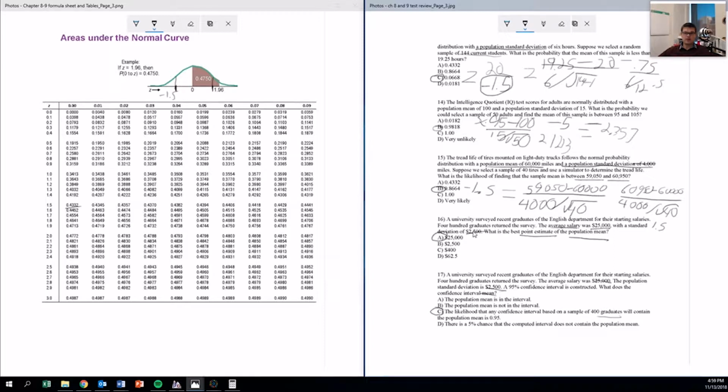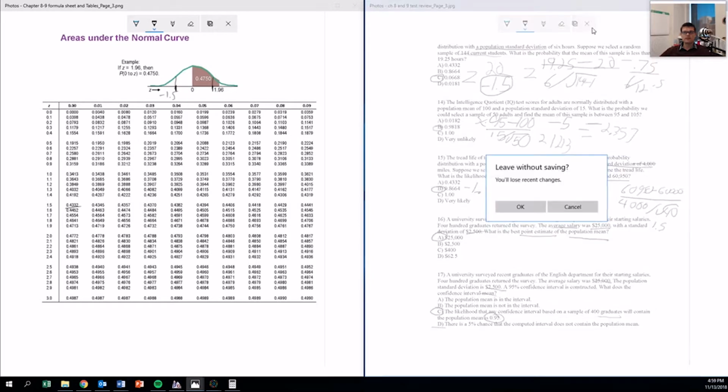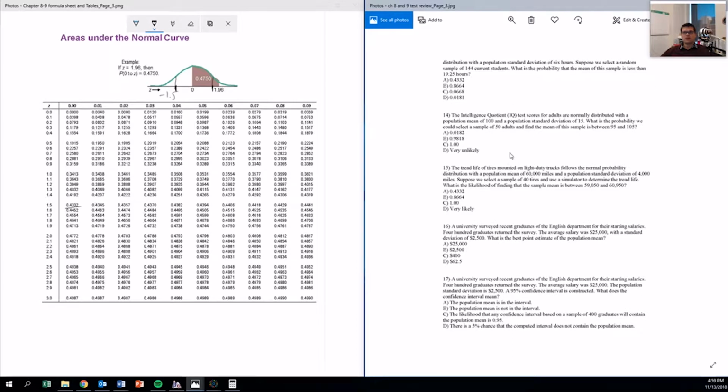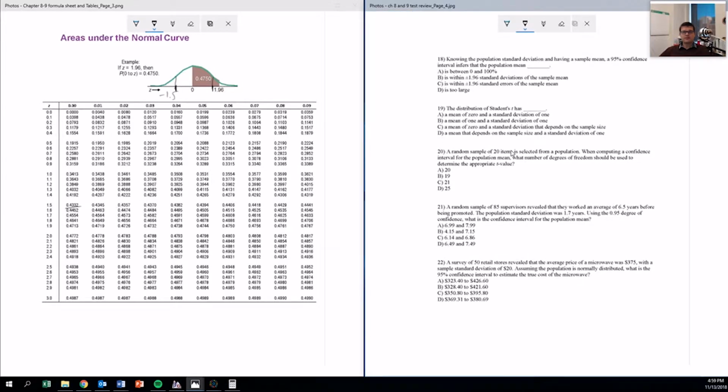Okay, moving on. Question number 18. Knowing the population standard deviation and having a sample mean, okay, so we know the population standard deviation and we have a sample mean.